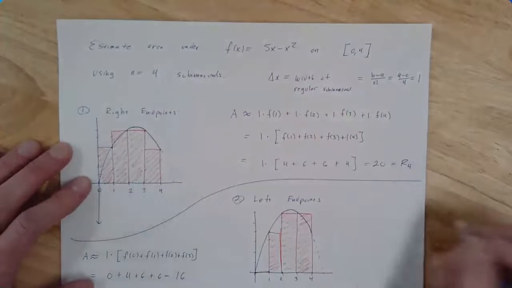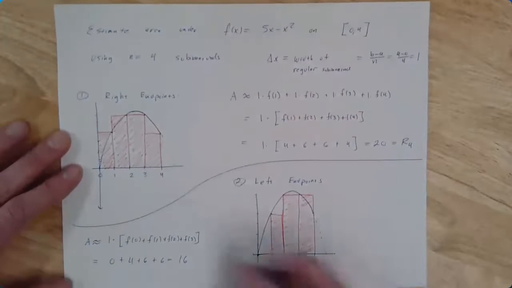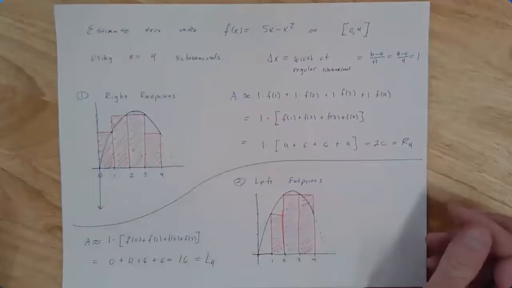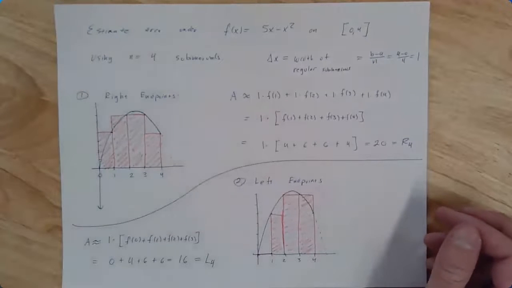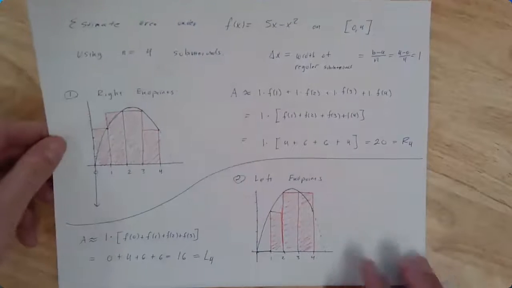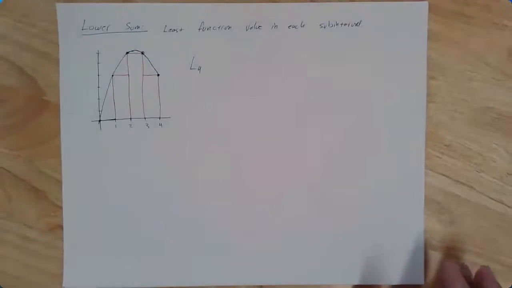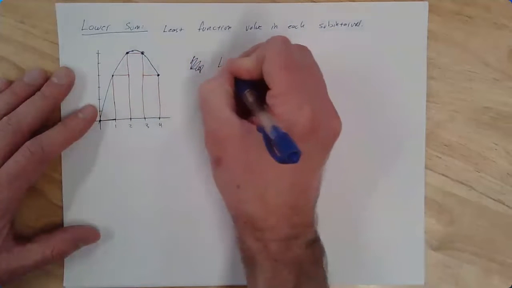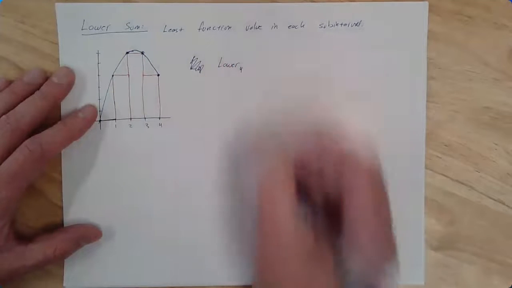And for left endpoints using 4 subintervals, we usually call this L4. But I feel like we also use L for lower. I'll have to write it differently. I'll say lower just because I don't know if the book does something different.